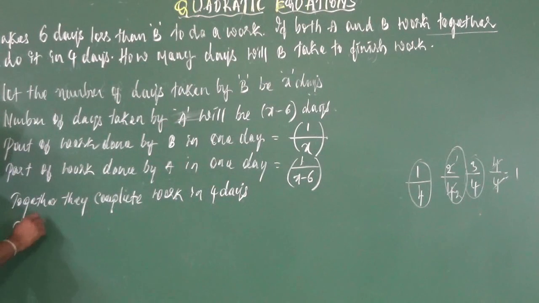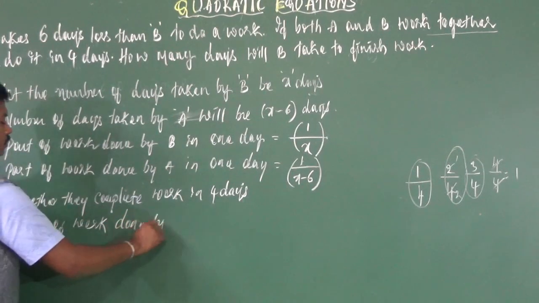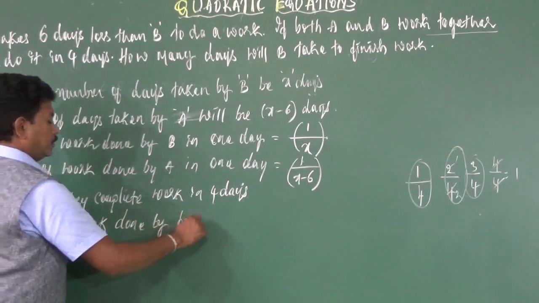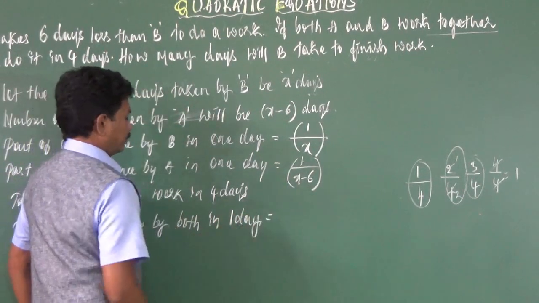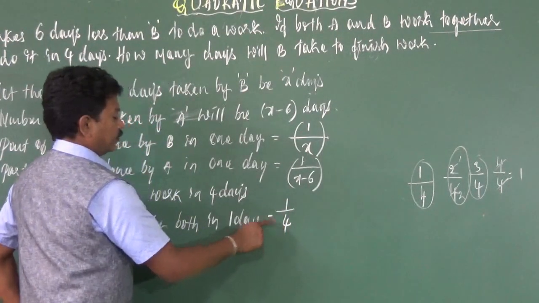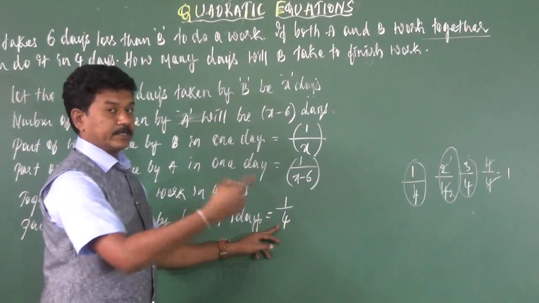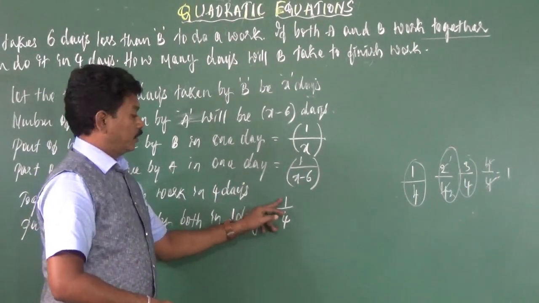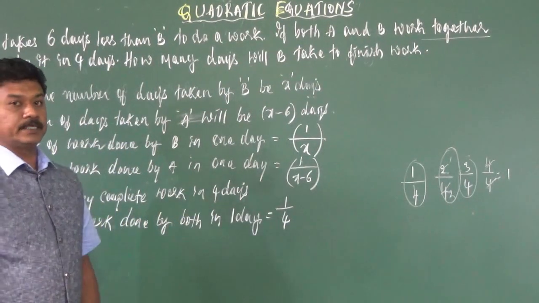Part of work done by both in 1 day is 1 by 4, because they are going to complete the work together in 4 days, and in 1 day the part of the work completed by them is 1 by 4, that is 25% of that work is being completed.